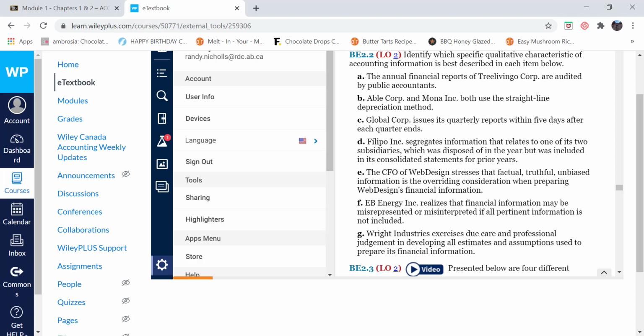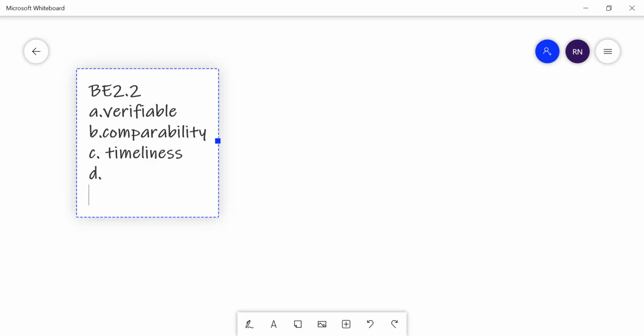E, the CFO of web design stresses that factual, truthful, unbiased information is the overriding consideration when preparing web design's financial information. What he's getting at here is do the best thing. Unbiased, I think is the key term there. If it's unbiased, it's neutral.